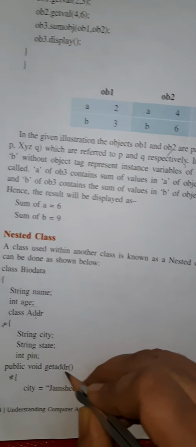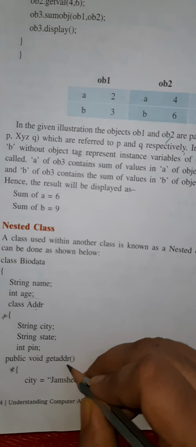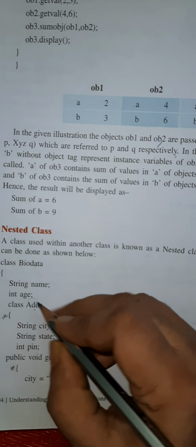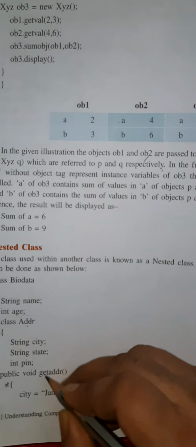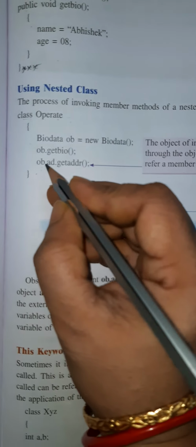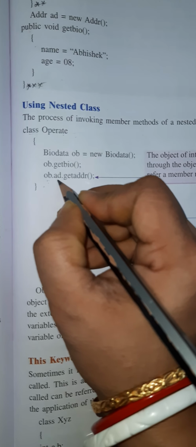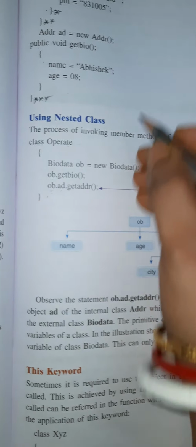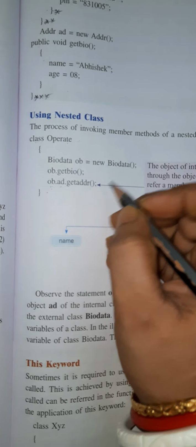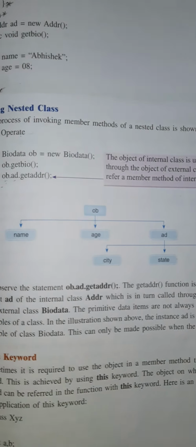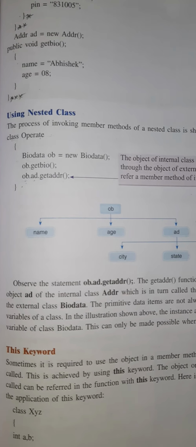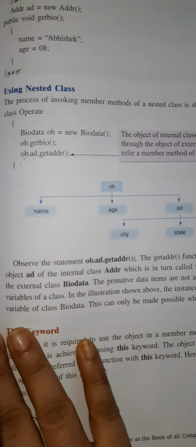But when we are calling the method of the inner class, see here what you have to do. First the outer class object, that is ob, then the inner class object we have made, ad, and then the method name. So in this way we can use the inner class, or the nested class.